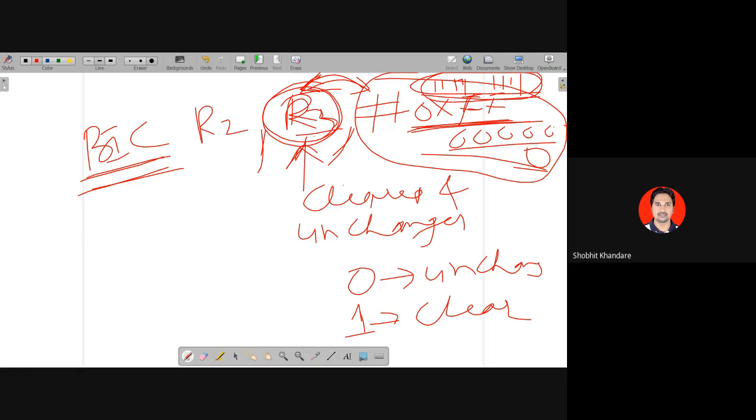You can take R3, you can take any number 32 bit and you do the AND operation between this.